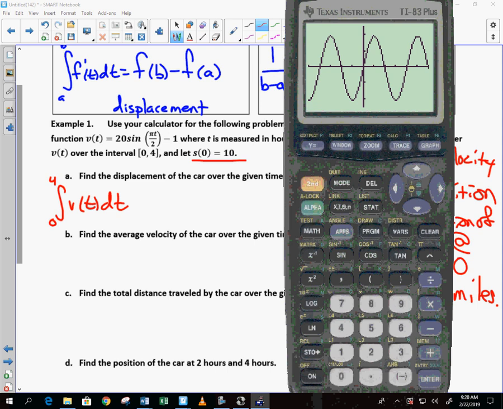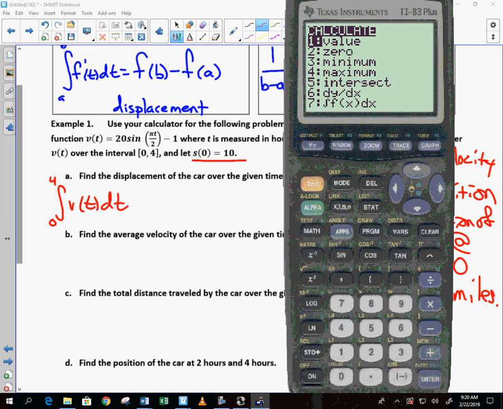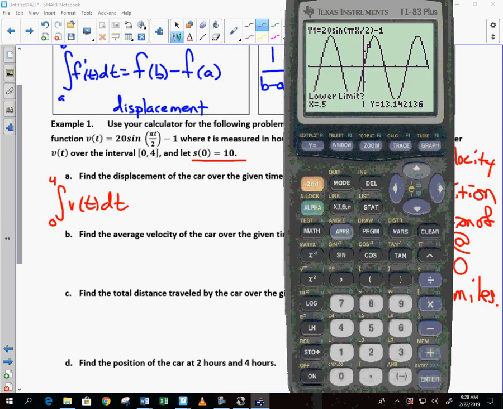I'm going to integrate from 0 to 4. Second, calculate, number 7. And I go from 0 to 4. What do you get? -4. -4 what? Miles.